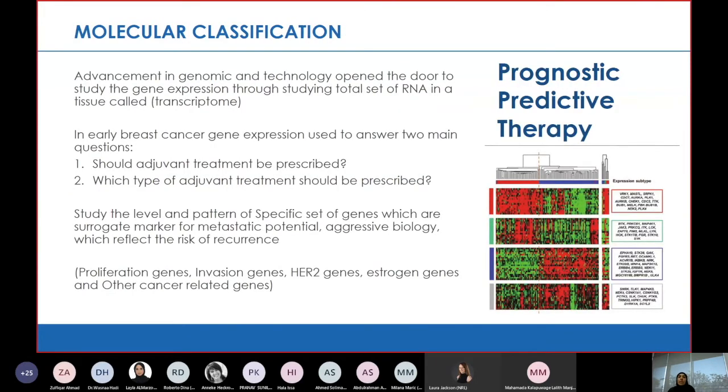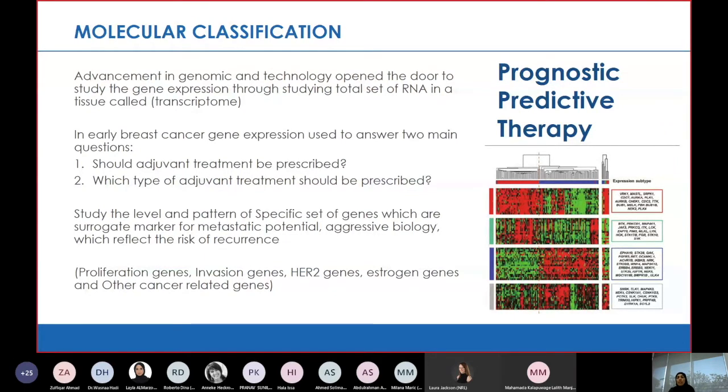Now, talking about genomic profiling and molecular classification, the early experiments in breast cancer were mainly to look for three things: either to find a prognostic gene or factor, or to find a molecule or gene that can predict a response to certain therapy, or to find a novel therapy.